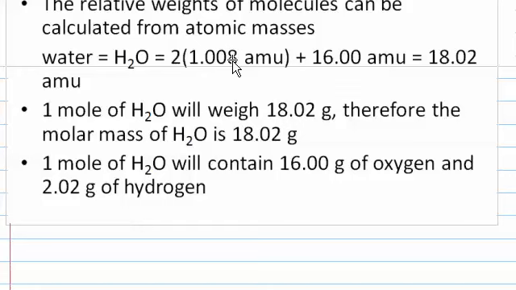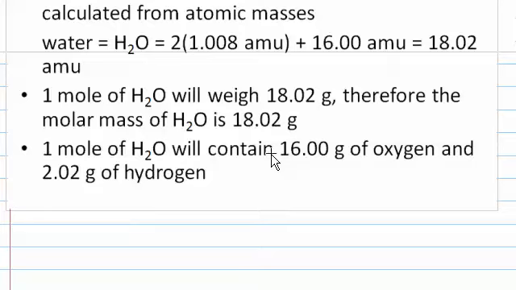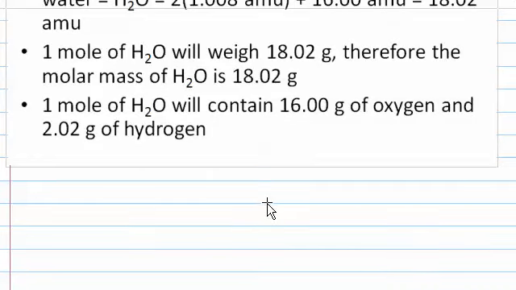So in the case of water, we simply add 2 times 1.008 grams per mole plus 16 grams per mole to tell us that the molar mass of water is 18.02 grams. Okay, that is 1 mole. If we measure out 18.02 grams, we will have Avogadro's number of water molecules.